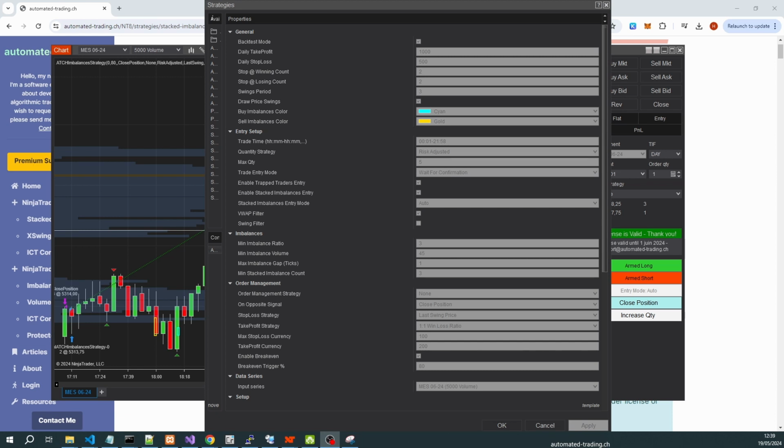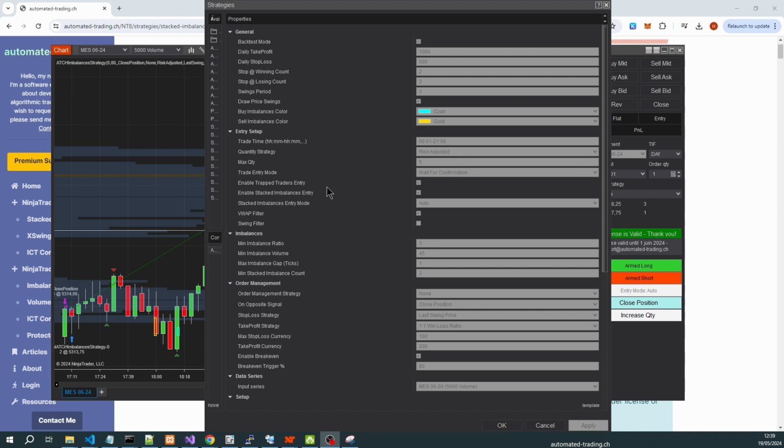Okay, so the next parameters I'm going to explain are the parameters related to entries. The strategy implements 2 entry setups. The first one is the stacked imbalance entry, and the second one is the trapped traders entry.